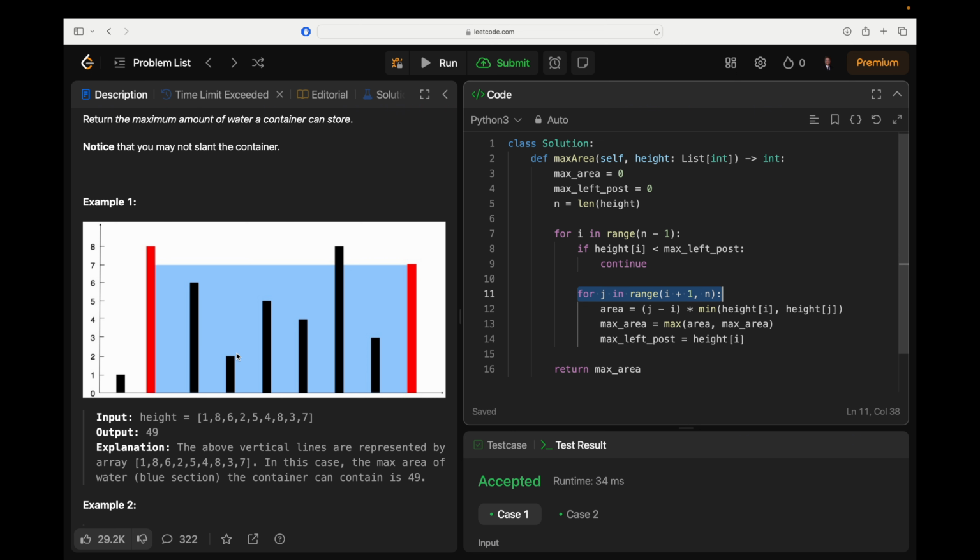I just don't know how we can cut off any more possible comparisons. What can we do?